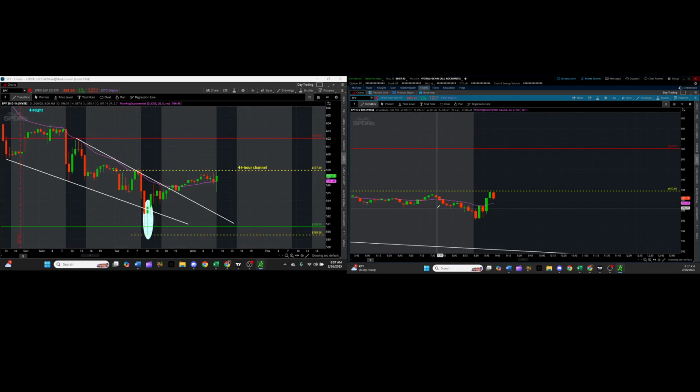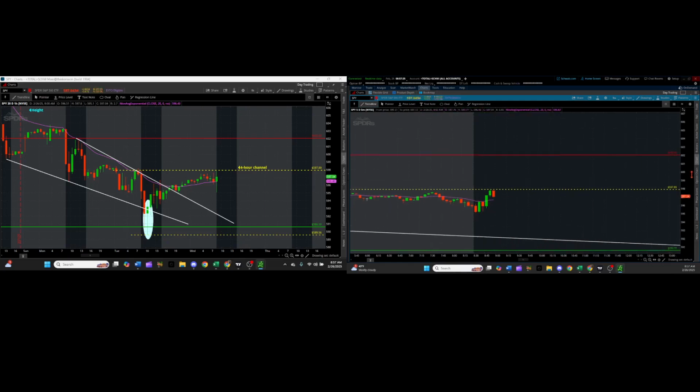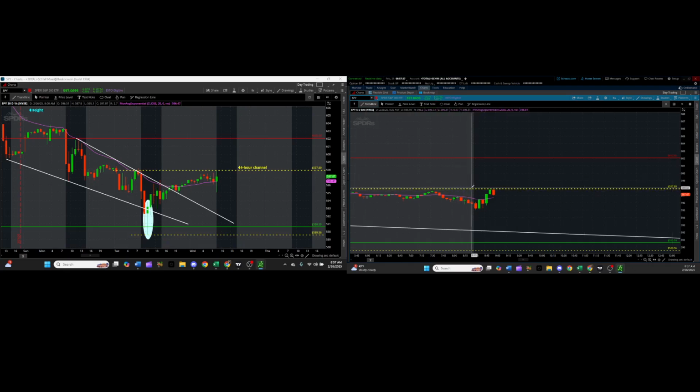Just remain patient. It's kind of bumping its head right there on that yellow line. Bears are kind of pushing it down, which is somewhat expected, but this is just another emphasis on why we should remain patient.